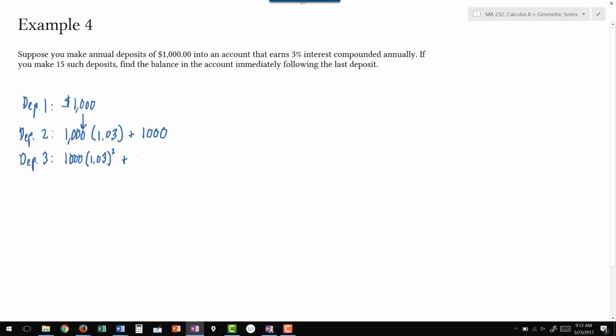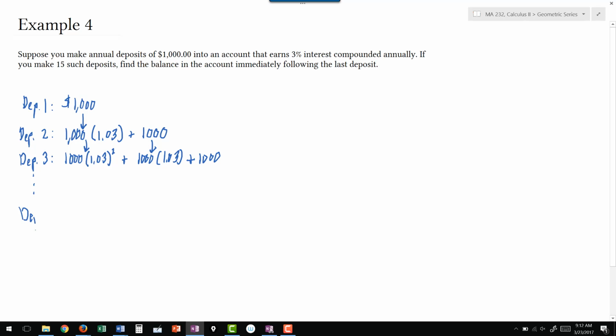Now the first deposit has grown to 1,000 times 1.03 times 1.03, again, the 3% interest it earns in its second year. The second deposit has earned interest for 1 year, so it becomes 1,000 times 1.03. And then finally, we add our third deposit.